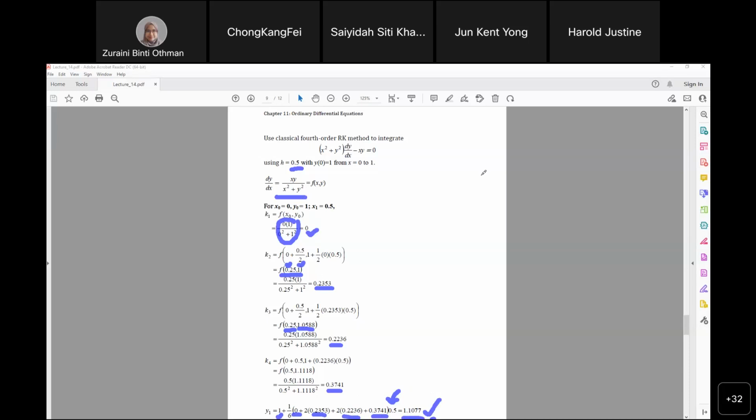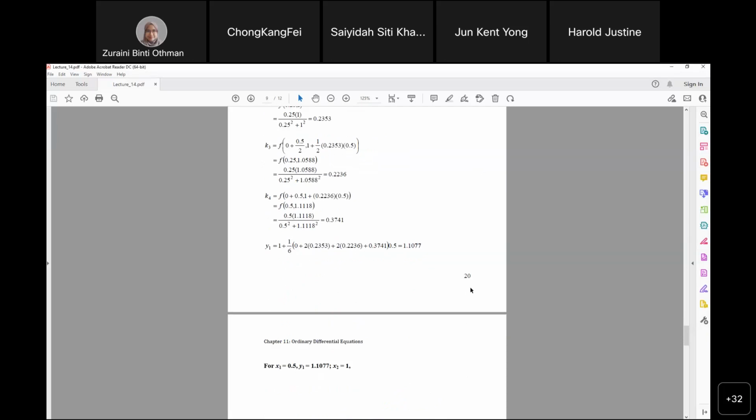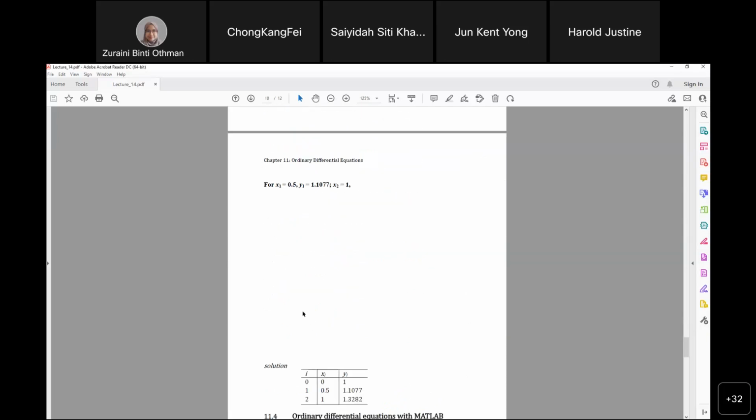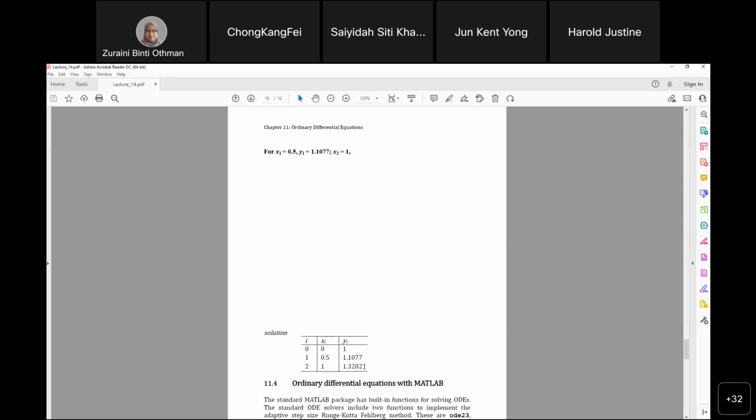Any question for that? After we get Y1, then we will calculate for Y2. Find K1 kat sini. Yang ni kamu kena cari lah buat. Dan dia dah bagi solution dekat sini. Okay. Y2 kat sini.